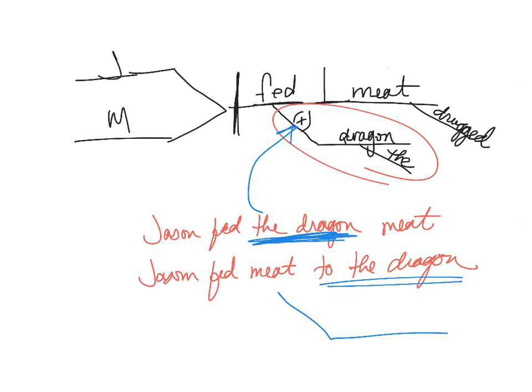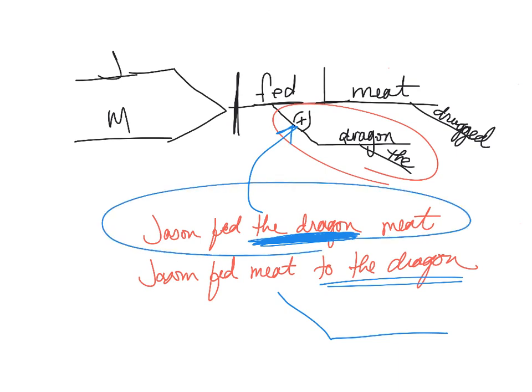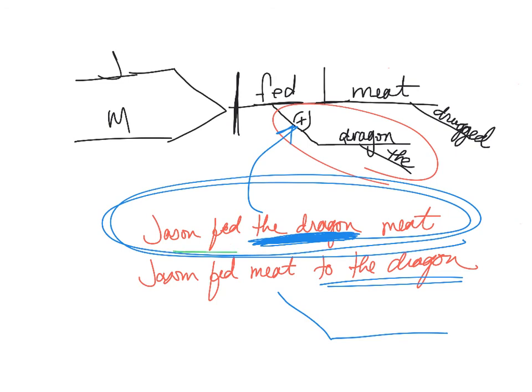It's really important that you get comfortable with indirect objects. They are not as common in English, but what you're going to find is the SATs and ACTs love to use the indirect object structure because if you haven't seen the sentence, it sounds awkward. And students, because they're trusting their ear rather than actually learning grammar, students will look at this sentence, Jason fed the dragon meat, and they'll say, oh, it just sounds awkward.